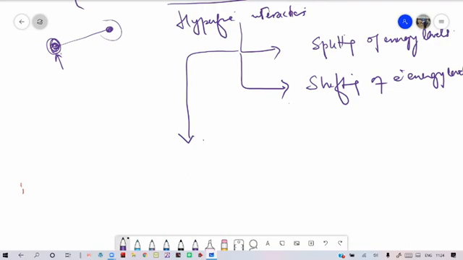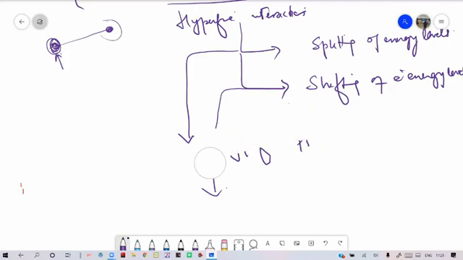If you see this, this is simply called the hyperfine effect. In simple terms, the definition is. And when you talk of this shifting, sorry, wait.